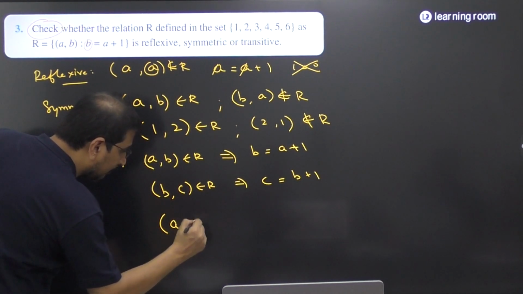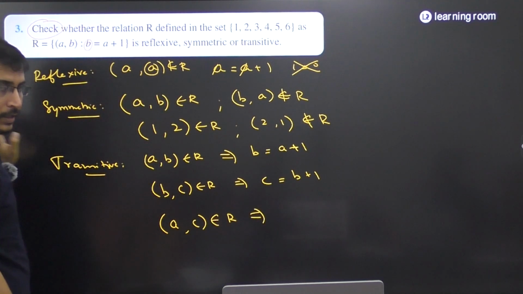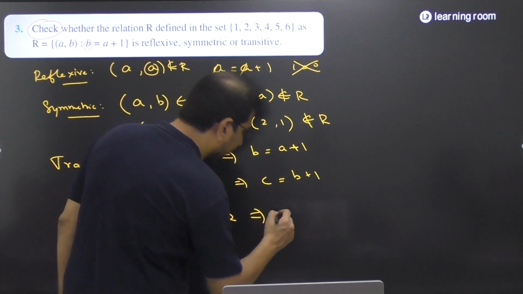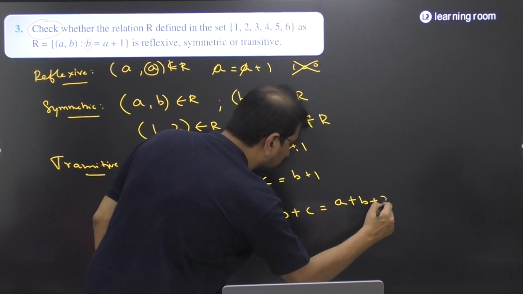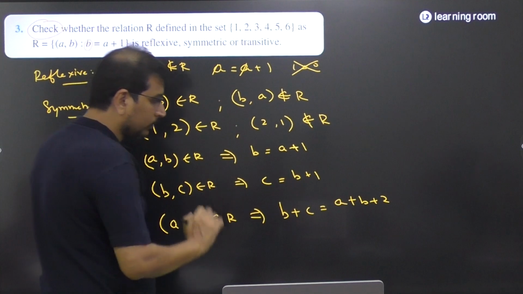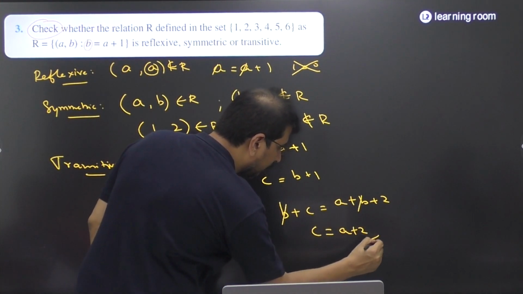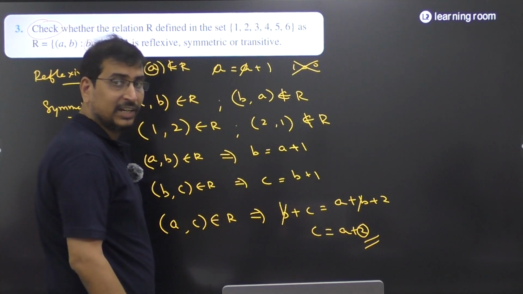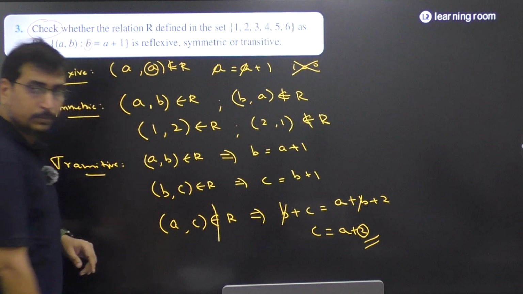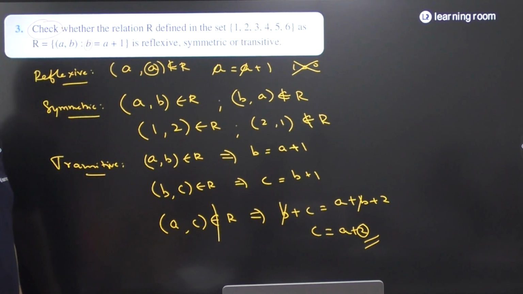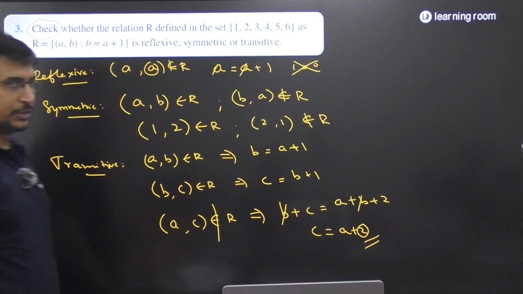What about (a, c)? Let me add and see. b plus c is equal to a plus b plus 2. I added both, so b and b are gone. c will be equal to a plus 2. What should be the value here? It should have actually been a plus 1 according to this. So this does not belong to it. Hence, it is not transitive. So it is not satisfying either of the conditions.